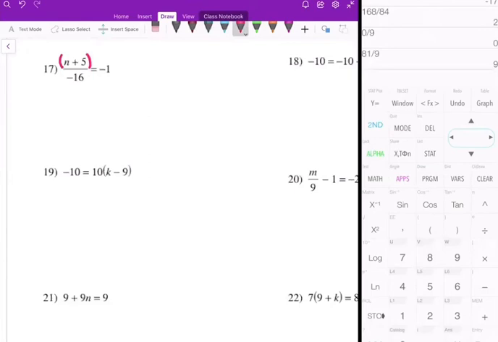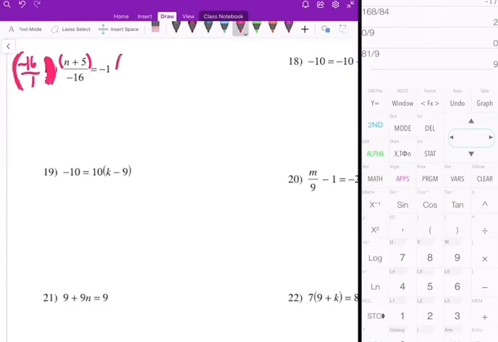Now, the way we're going to get rid of -16 is by multiplying by its reciprocal. So 1 over -16. This is a parenthesis, so it's going to be -16 over 1, right? This is just a big parenthesis.